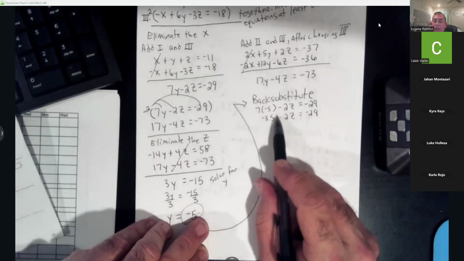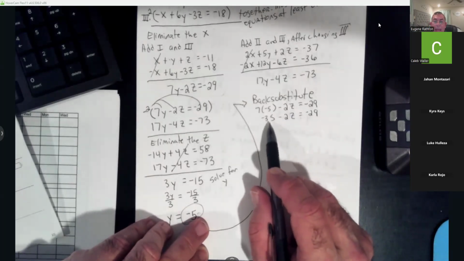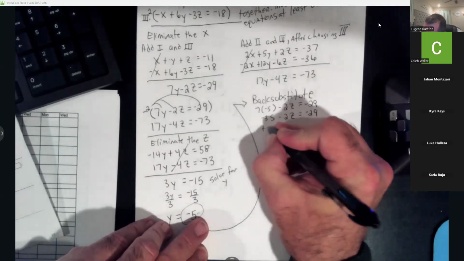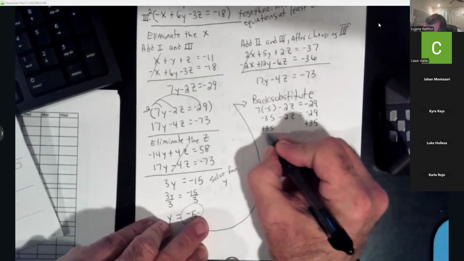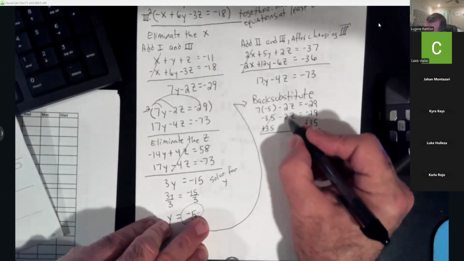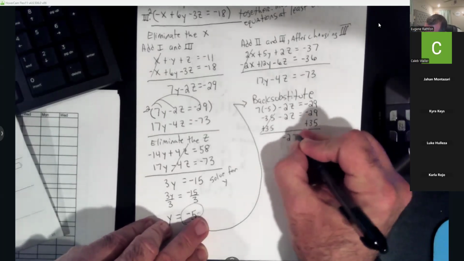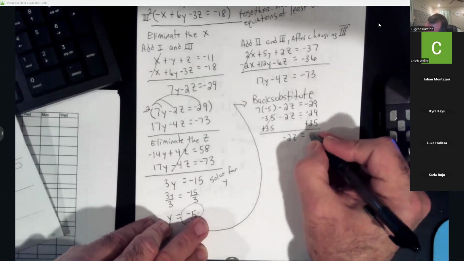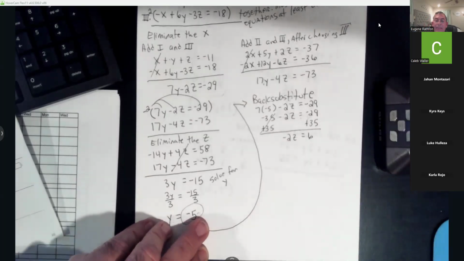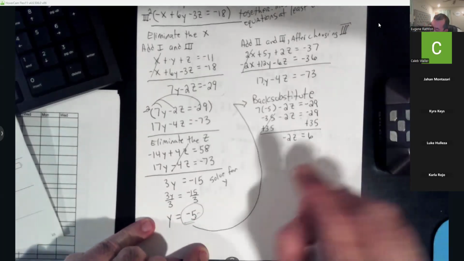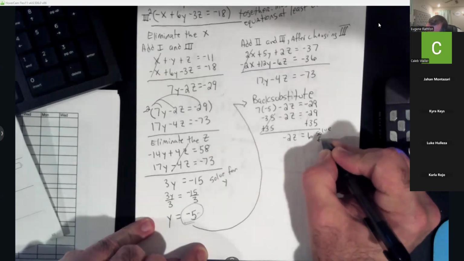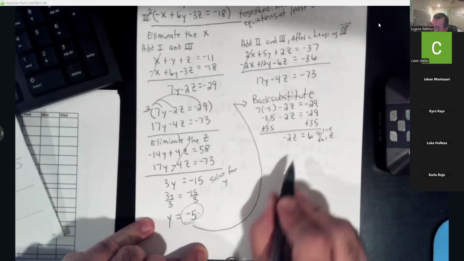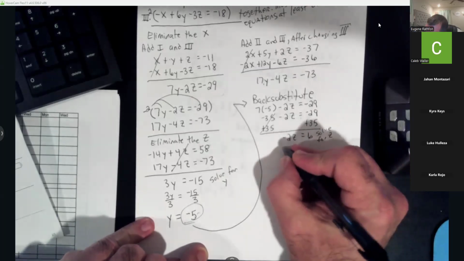I'm going to get that negative 2z by itself by adding 35. So y'all, those 35s are gone. That negative 2z now equals a positive 6. And y'all, at this point, I can solve for z by dividing both sides by negative 2.